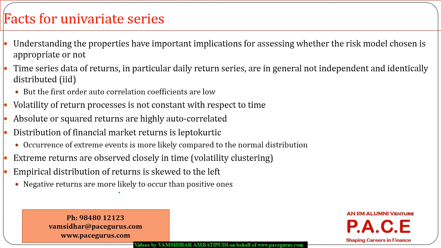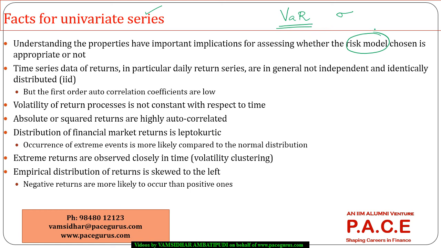So we'll look at a few facts for the univariate series. We have to understand all the properties of these series. There's a very important thing, because when I choose a risk model, probably when I have to talk about the value at risk models, or for that matter whether standard deviation is an appropriate model for measuring the risk.